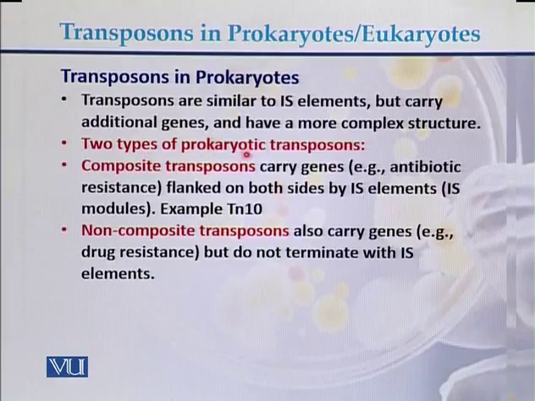There are two types of prokaryotic transposons. The first type is called composite transposons and the second type is called non-composite transposons. Composite transposons carry genes like antibiotic resistance genes and are flanked on both sides by IS elements. Non-composite transposons carry genes like drug resistance but do not terminate with IS elements.